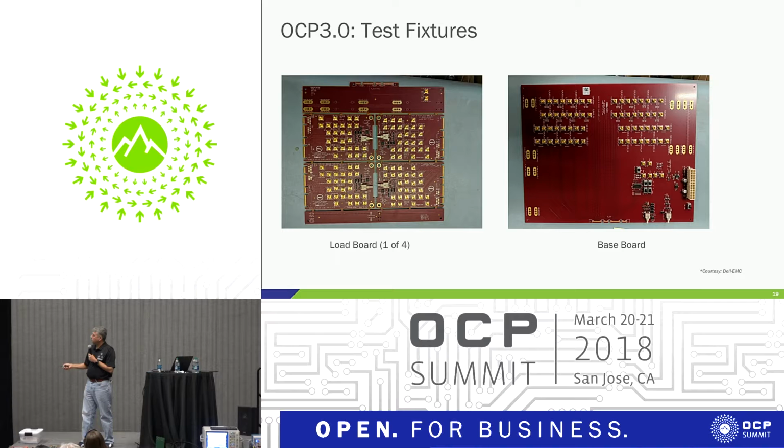There is a load board, but there you can see there are four actually independent boards. Each of them is by 8, just given the physical aspects of the 3.0 form factor, so we had to break it down into four. And these are the load boards, and there is also a calibration board for measuring the loss per inch. And then similarly, there is a baseboard.